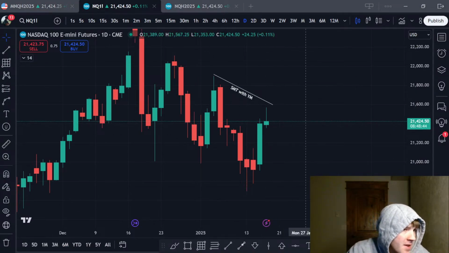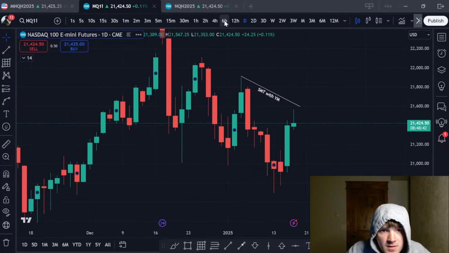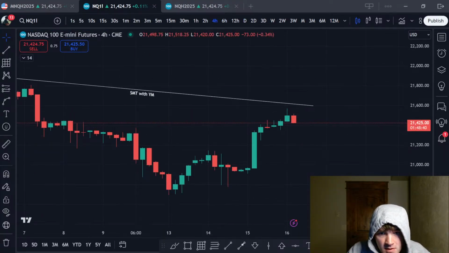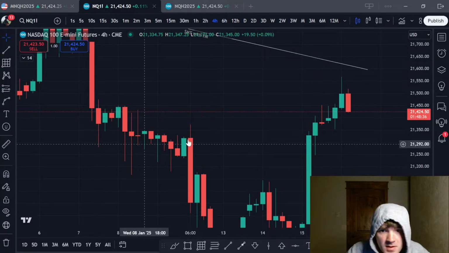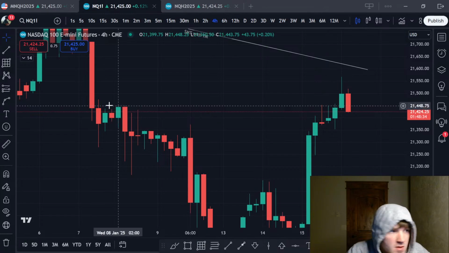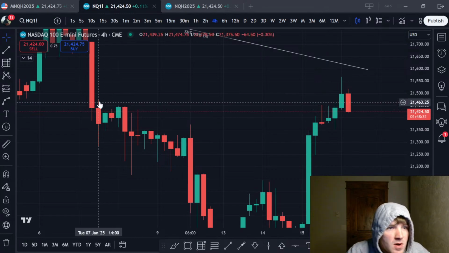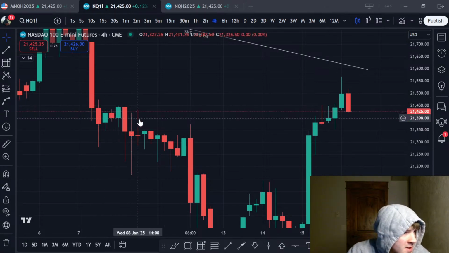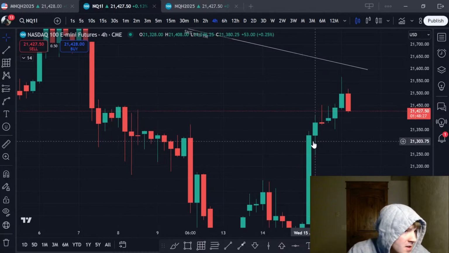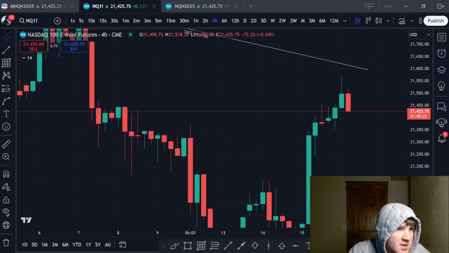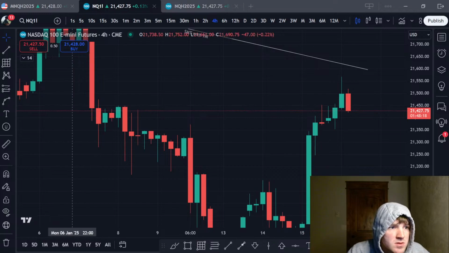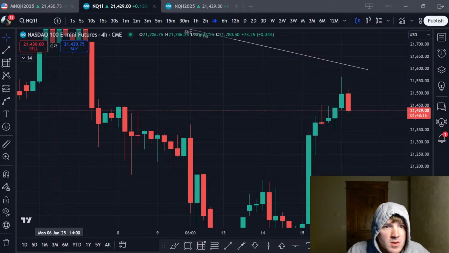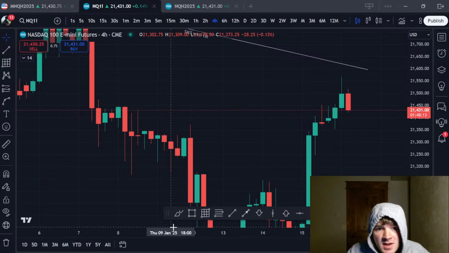Okay, let's drop down a time frame for lower time frame SMTs on the 4 hour. Let's see if there are any SMTs. No SMTs with any of these highs. What about on YM? This is the same SMT that is on the daily.